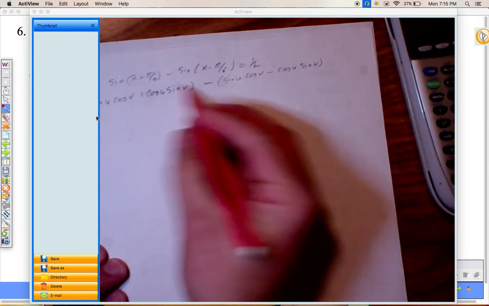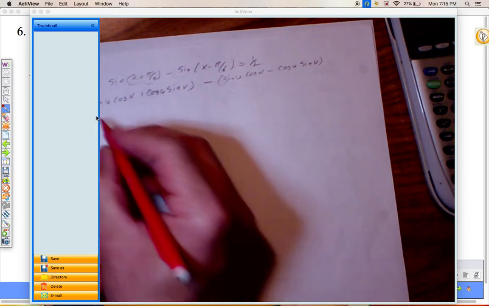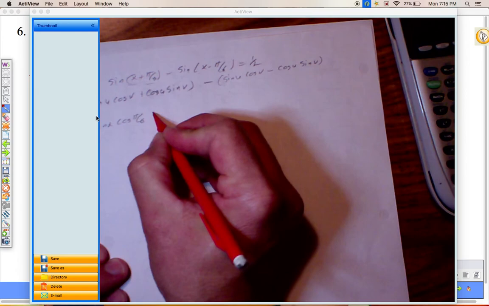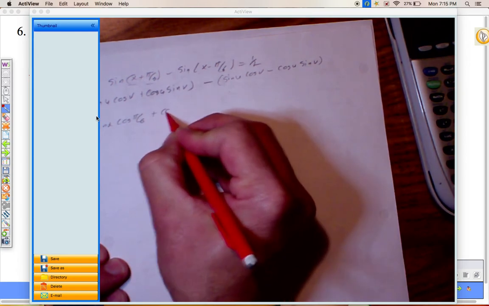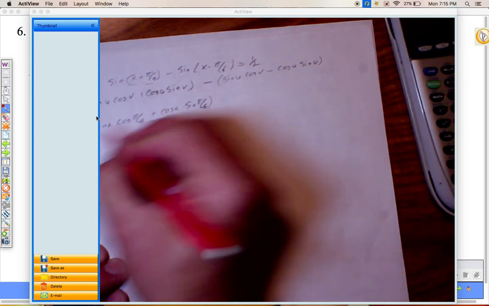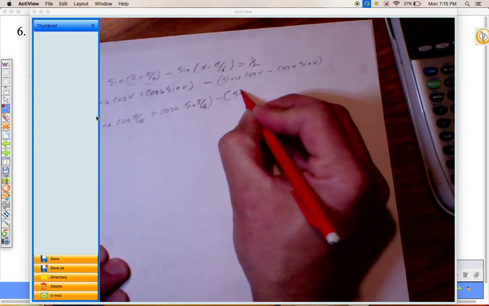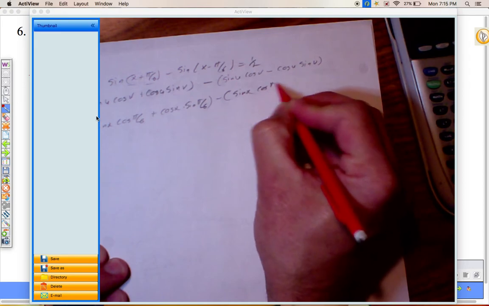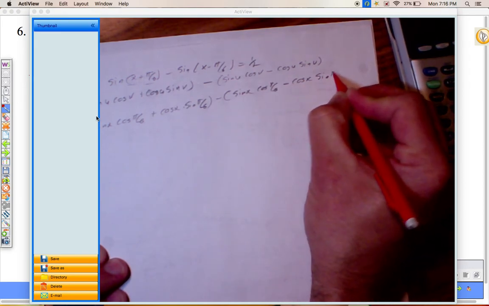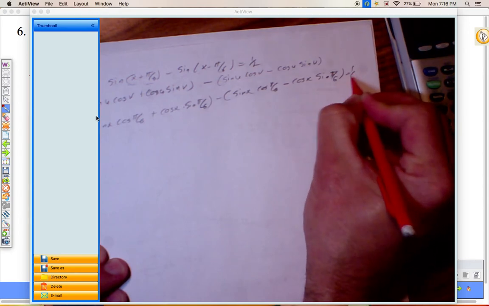Those are the two formulas I'm going to use, using these as my u's and my v's. Sine of x cosine of pi over 6 plus cosine of x sine of pi over 6, minus sine x cosine pi over 6 minus cosine x sine of pi over 6. And that all has to equal that half.